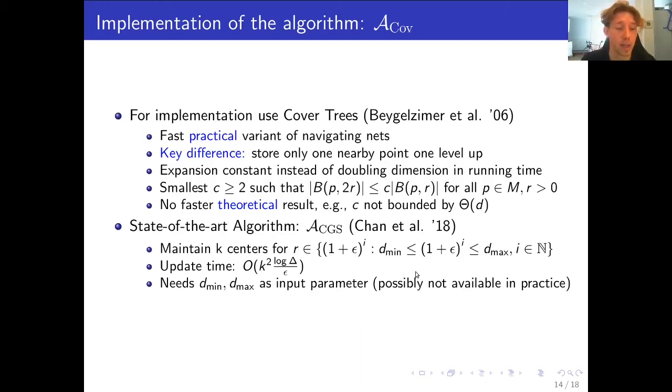One thing I want to mention is that they need d min and d max as input parameters, which we do not, but we pre-compute their input parameters initially, and we don't add this to the running time.